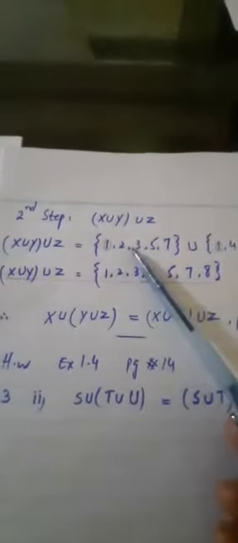For (X union Y) union Z, we will first take the set X union Y, which we found as a result of the first step, then the sign of union, and then set Z, and we will find this resultant set.